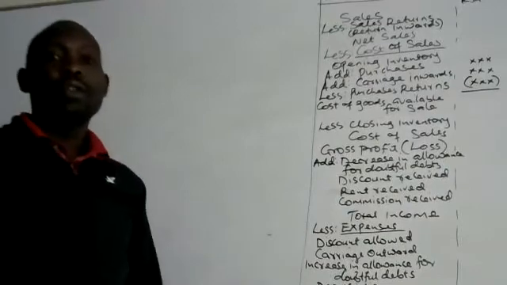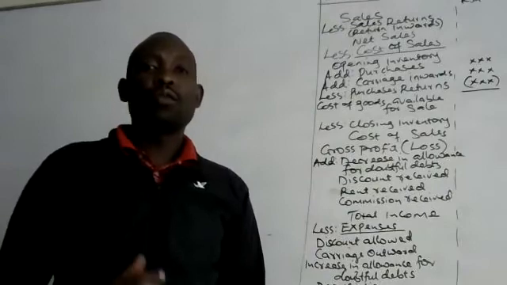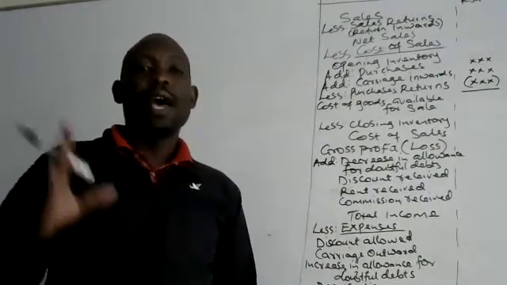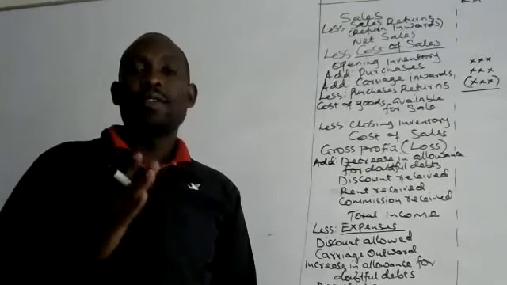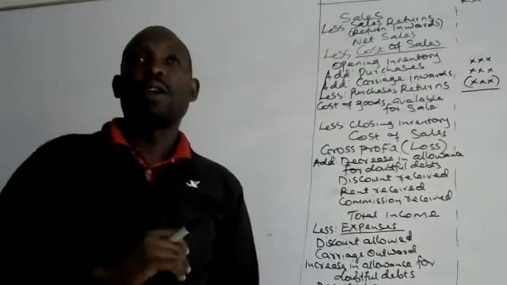So the statement of financial position is what we used to call the balance sheet. And its purpose is to measure the financial position of that particular business as at the last day of the year. When the year is coming to an end, as at that last day, what is the financial position?